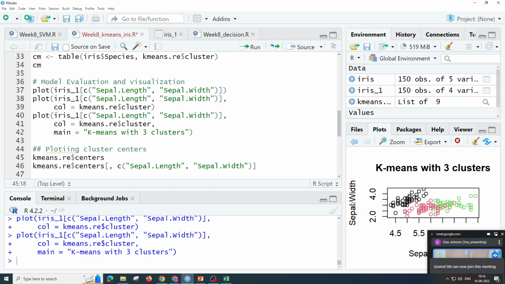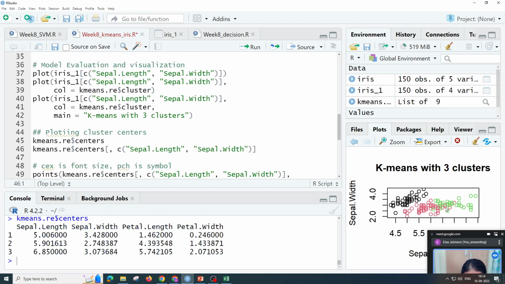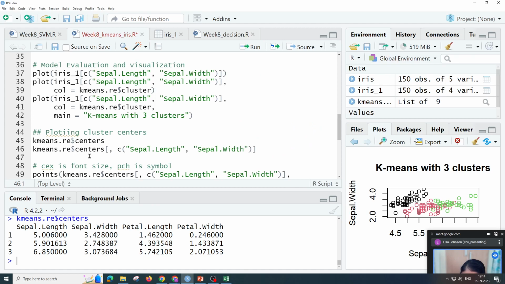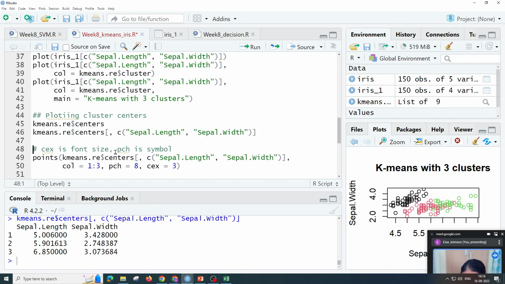Right now k-means with 3 clusters is plotted. I'll zoom it out first. Here you can see the 3 clusters. Now kmeans$centers, when we give this, these are the different centers for sepal length and sepal width. Earlier we saw the means. Now we are seeing how the centers look with respect to sepal length and sepal width.